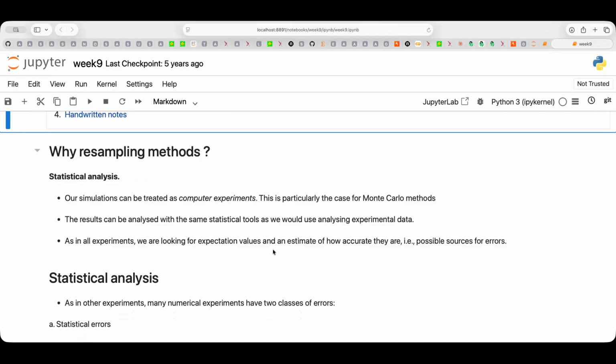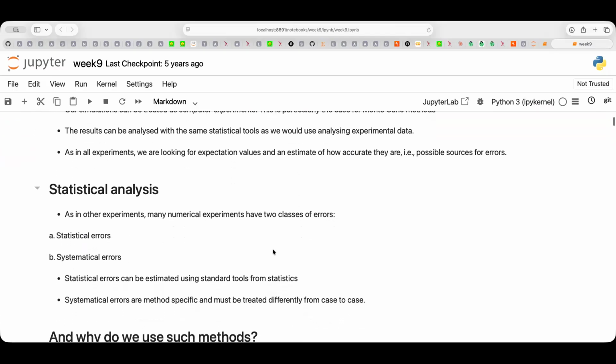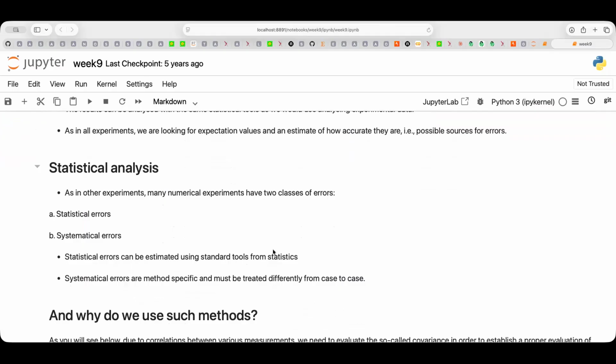The main reason is that when we implement a stochastic method like Monte Carlo, there are statistical errors. We have a sample of data, which are our measurements, and when you calculate the mean value, since you don't know the probability distribution behind the stochastic variables, your mean value, your variance, etc., are approximations to the true value.